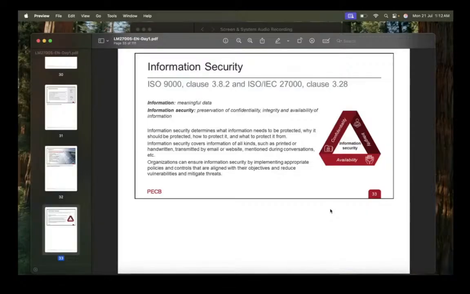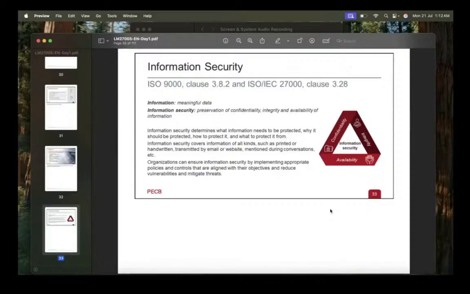So it covers all kinds of information, whether it is printed, handwritten, transmitted by email or website, or even mentioned during conversations.